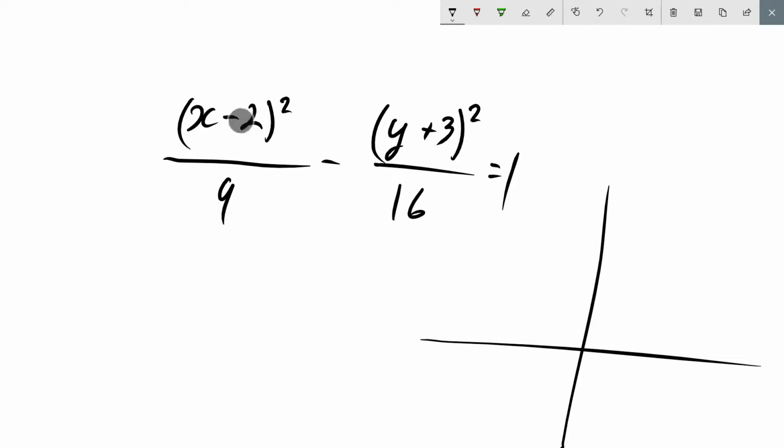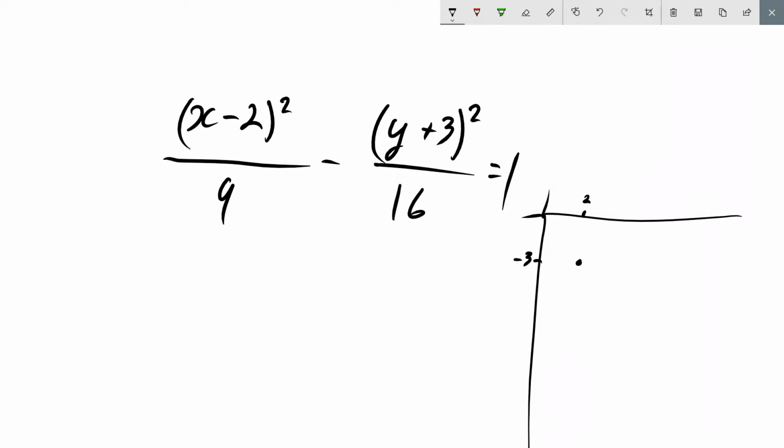So it's going to be the opposite of what's in the bracket here. So plus 2, so there's 2. And the opposite of what's in the brackets here, which is minus 3. Let's say about here. So if that is our point there, that's where we're going to have to center our graph.